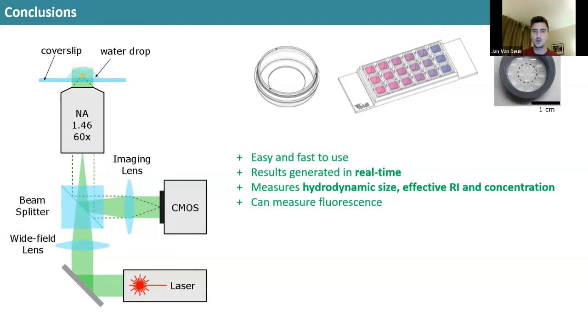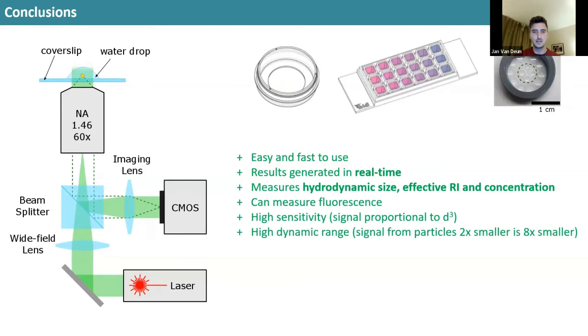Vahid's team is also now working on trying to get it to measure fluorescence, which is already working quite well. It has a higher sensitivity than NTA because it's proportional to the third power of the diameter and not the 6th power, as with NTA. Dynamic range is also high. It has a more precise size determination than conventional NTA.